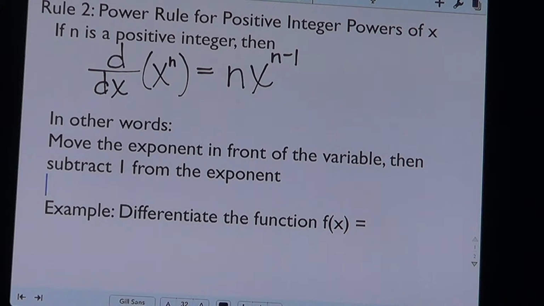So if you have x to the nth power, we move whatever the power is, in this case n, to the front to be the coefficient, and then we subtract 1 from the exponent.